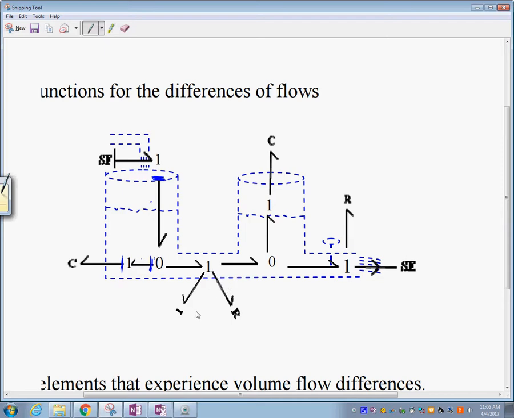And then we have this I element in here. Once you do that, these others have to be like this.